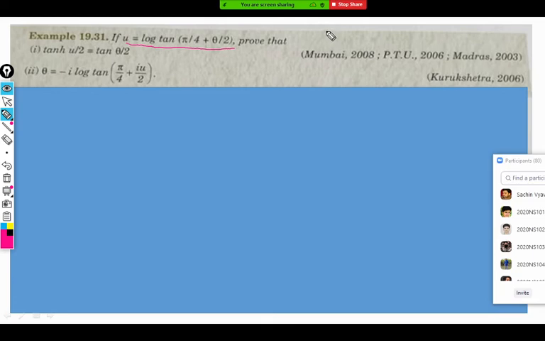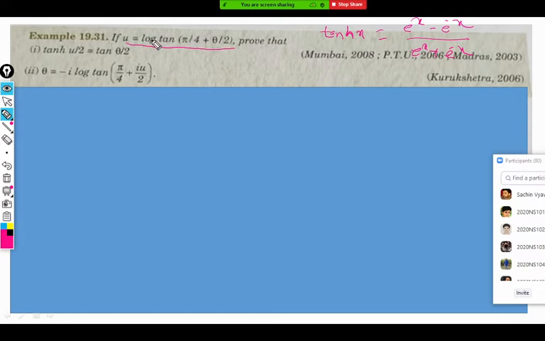First, can you tell me what is tan hyperbolic x? Is it e to the power x minus e to the power minus x divided by e to the power x plus e to the power minus x? Correct. So tan hyperbolic u by 2 means we are interested to get the value of e raised to u by 2 minus e raised to minus u by 2. That way we can convert that into tan hyperbolic.